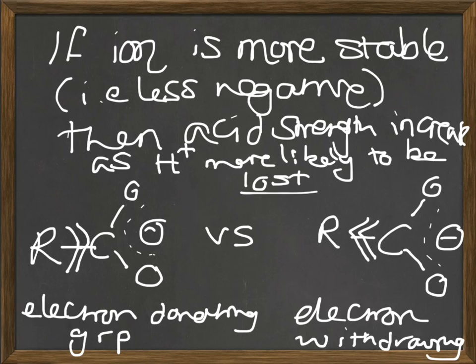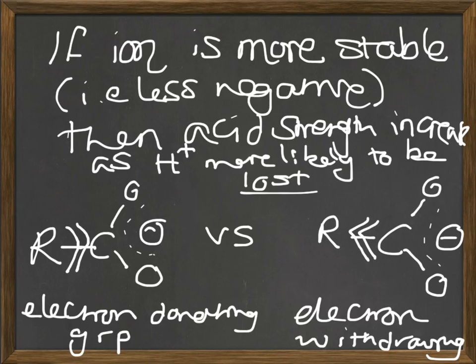Okay, so think about electron withdrawing groups. Electron withdrawing groups are going to be groups that want electrons. Electron donating groups, remember which ones those are. They're things like long alkyl chains and anything that's quite happy to lose some of its electron density.